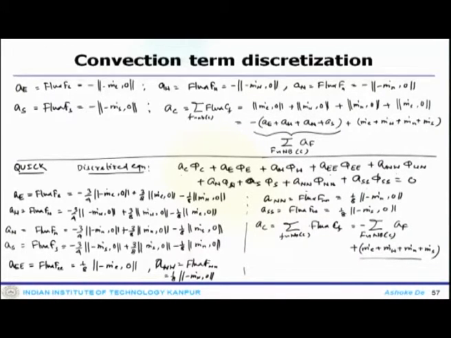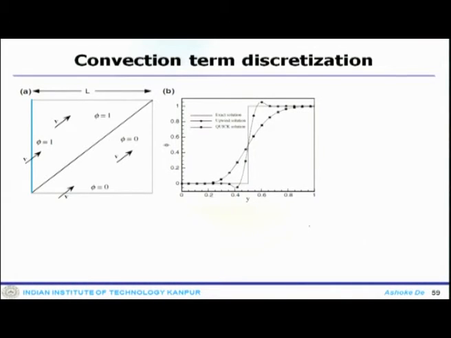So, the physical domain one can look at. This is, let us say, the physical domain which is shown here, and this side is the profile of phi along the vertical central line of the domain for pure advection problem.